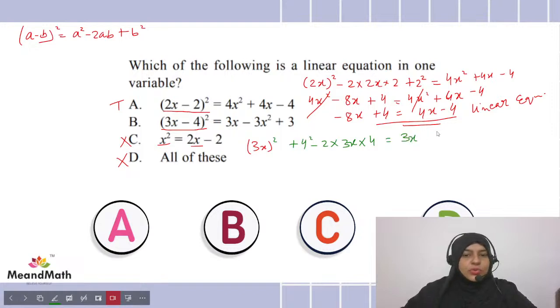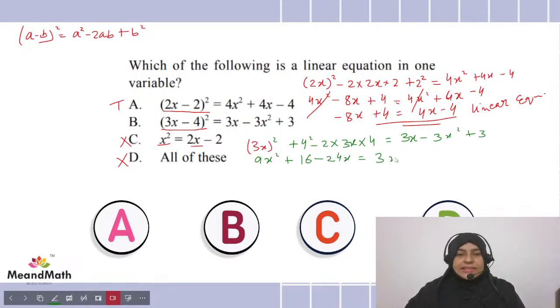It is equal to 3x minus 3x square plus 3. Now when we open this square, 3 3s are 9x square plus 16.